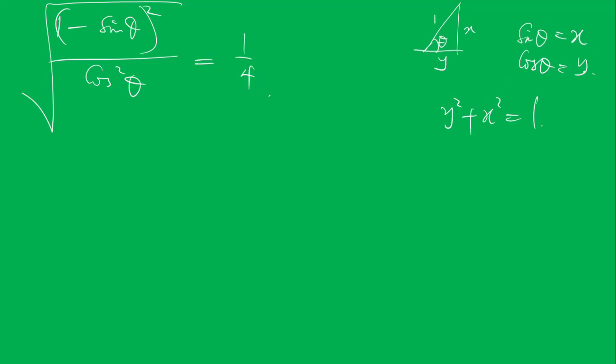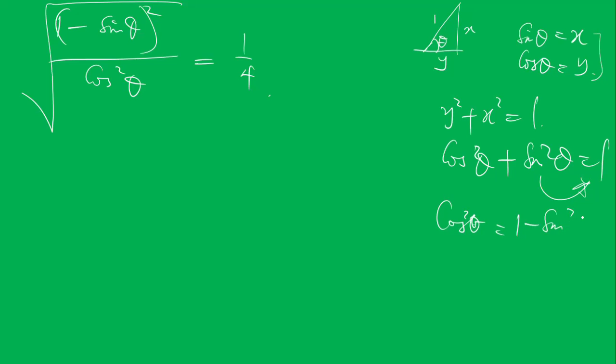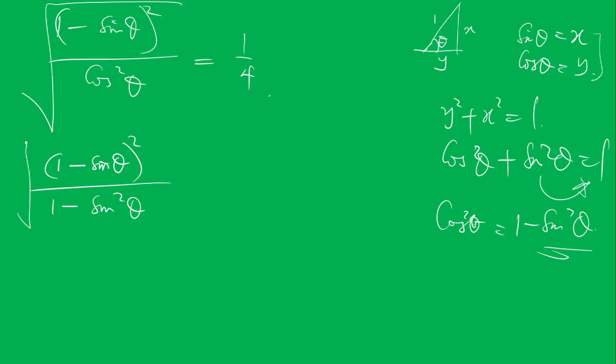So if you substitute this expression, you have cos squared theta plus sine squared theta equal to 1. So now if you move this to the other side, you have cos squared theta equal to 1 minus sine squared theta. So substituting here, you have 1 minus sine theta squared all divided by 1 minus sine squared theta, all square root, which is equal to 1 over 4.